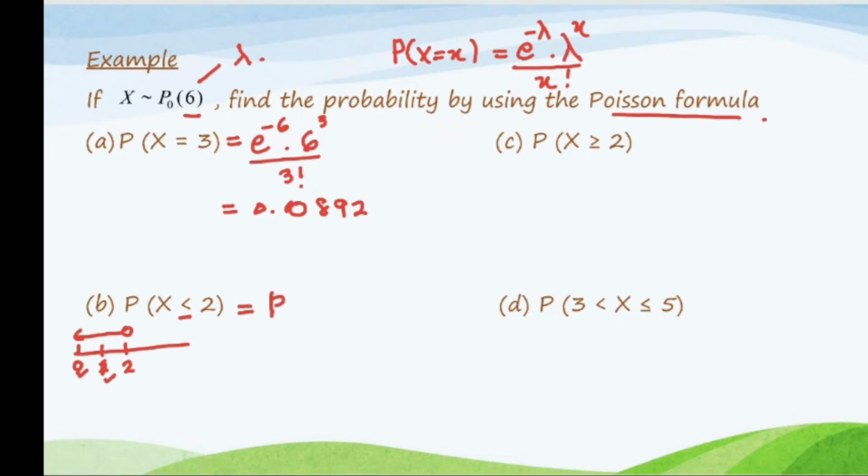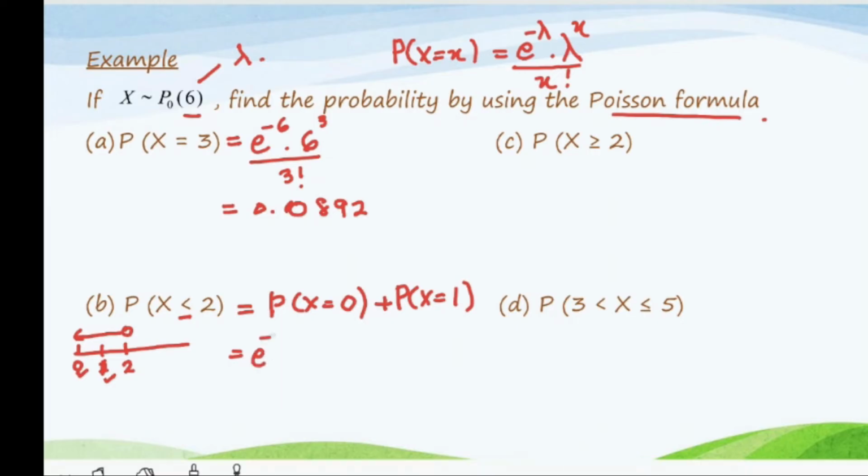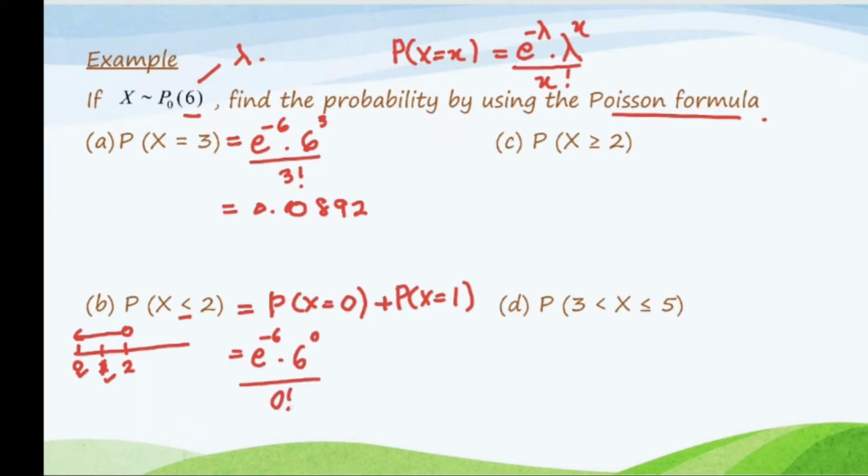So we put P(X = 0) plus P(X = 1). Then we substitute x equals 0 and x equals 1 into the formula. So we get e to the power of negative 6 multiplied with 6 to the power of 0 over 0 factorial plus e to the power of negative 6 times 6 to the power of 1 over 1 factorial. When you calculate in your calculator, you get 0.0174.